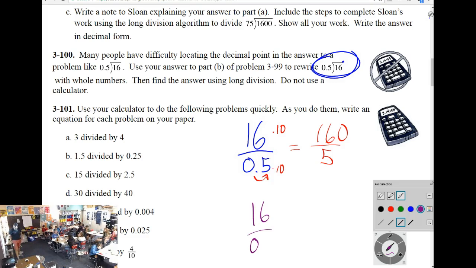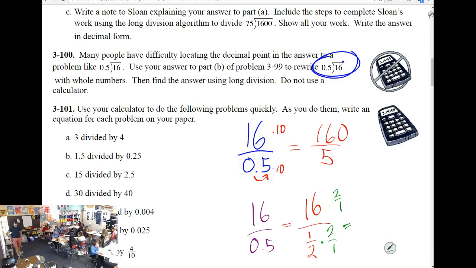Connor? 16 over 0.5 turns to 16 over a half, and times it by 2 over 1. 2 over 1 fraction. Yeah, so Connor says turn this into 16 over a half, right? 0.5 is a half, and then times 2. Because times 2 on bottom turns this into a 1, I get 32 over 1.